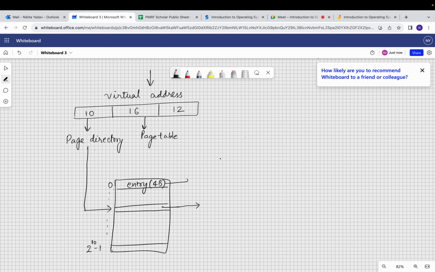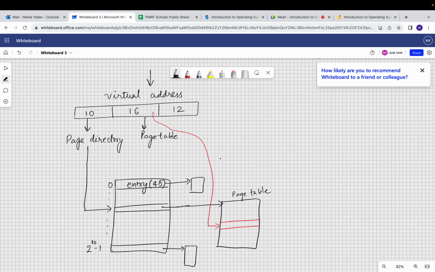Every entry is pointing to a page table. Every entry is going to point to a page table. So this entry is pointing to, say, a page table, and then your 16 bits are used to index in this page table.